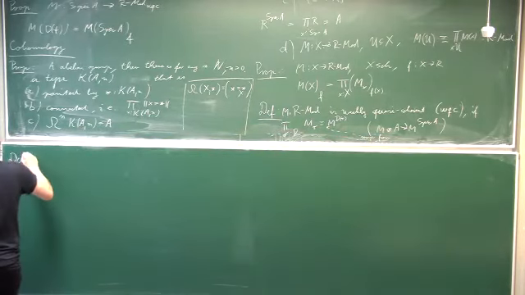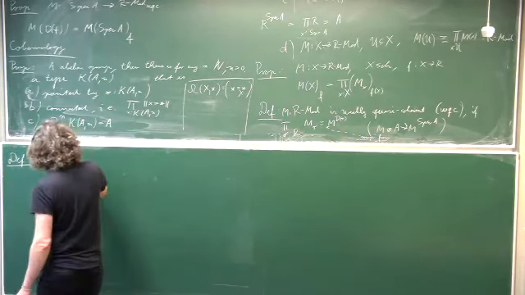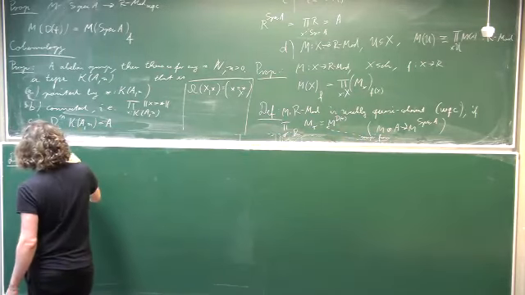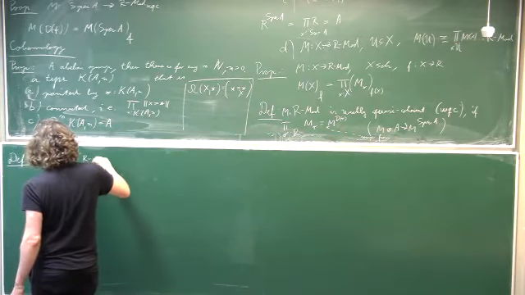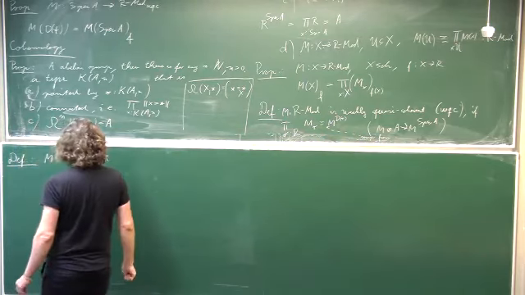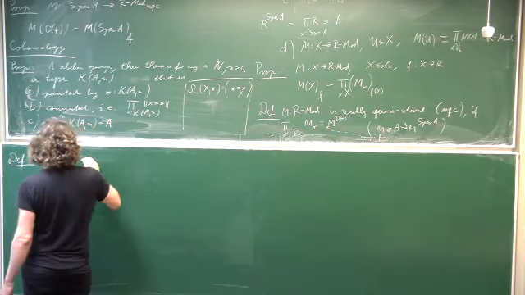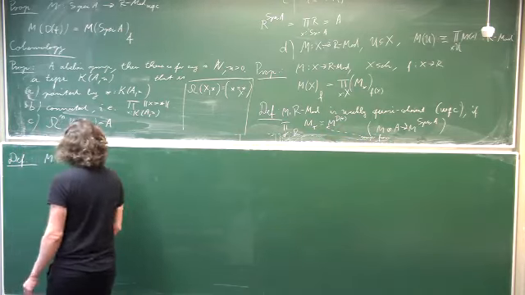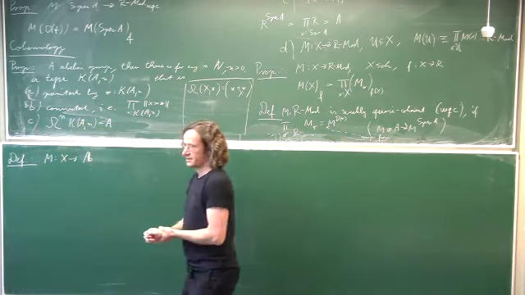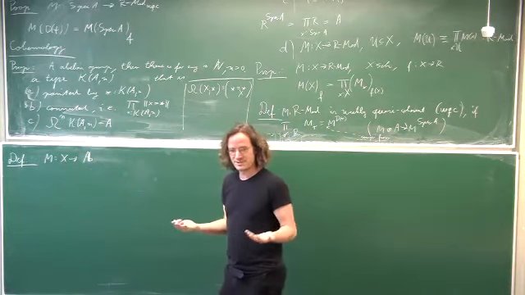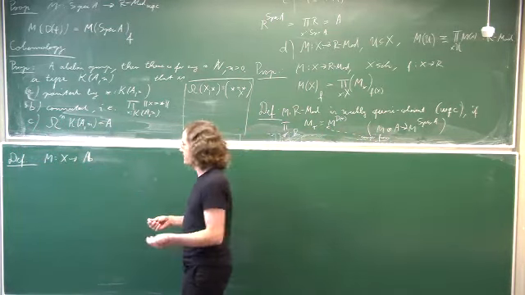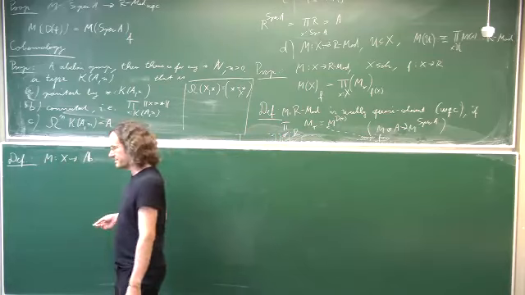Okay, so definition. N is a bundle of R modules, or maybe for this definition, just say it's a bundle of Abelian groups. And if you plug in an R module in this definition, you just forget the R module structure.